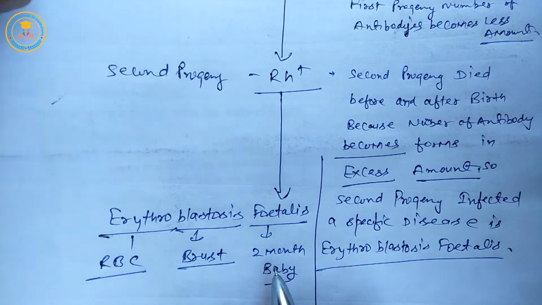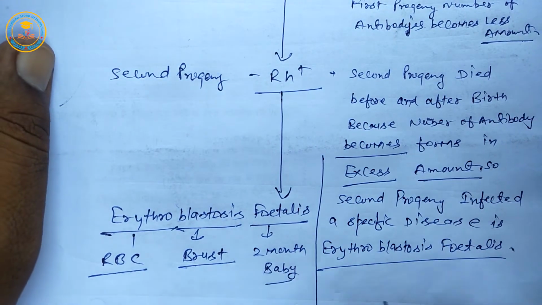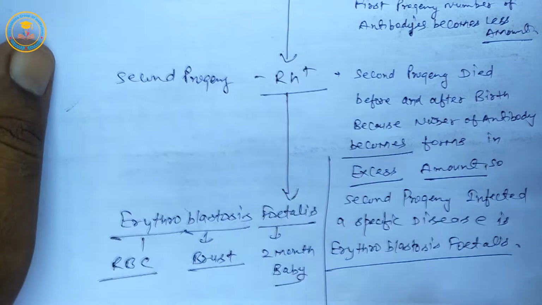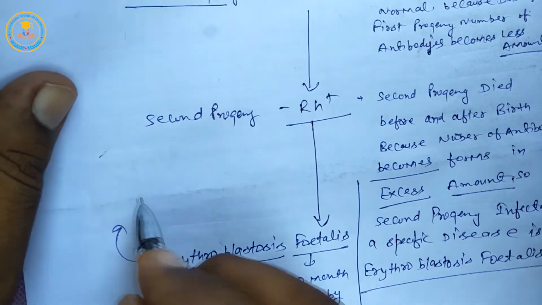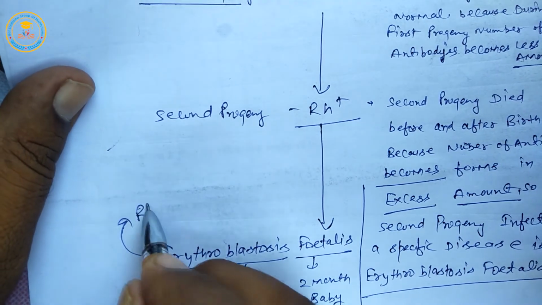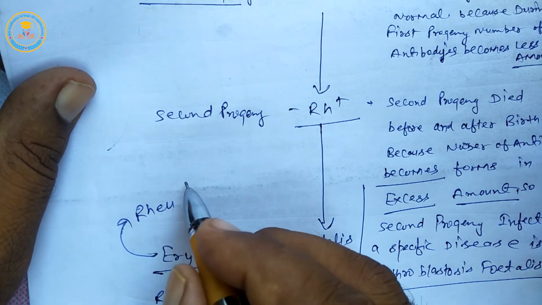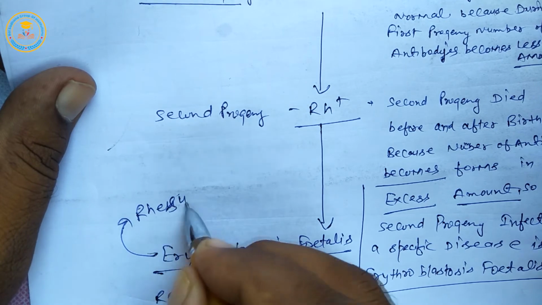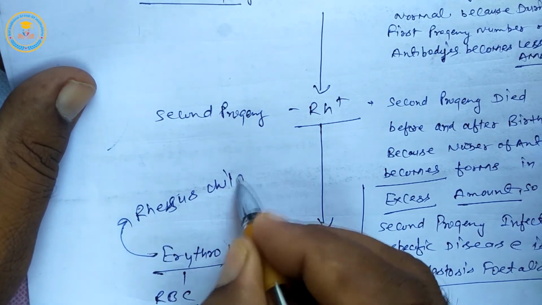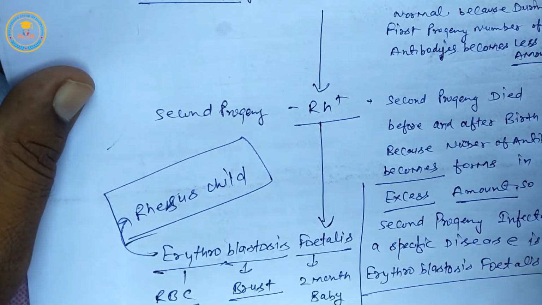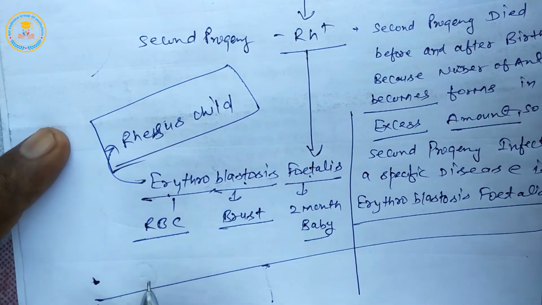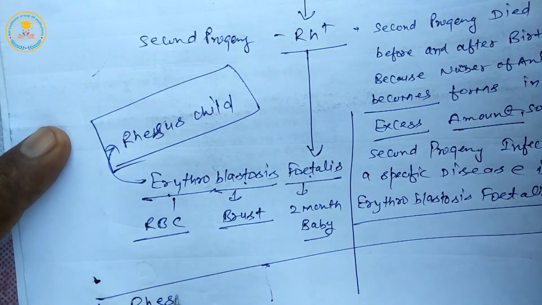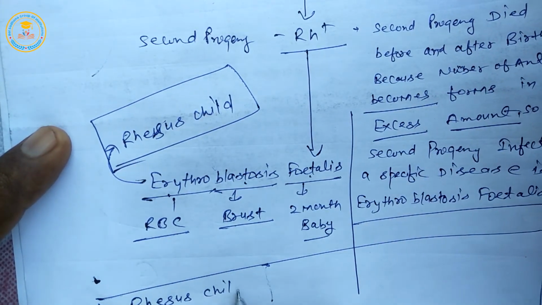So the baby dies before or after birth, and this baby is called a rhesus baby or rhesus child. An erythroblastosis fetalis infected child is called a rhesus child.